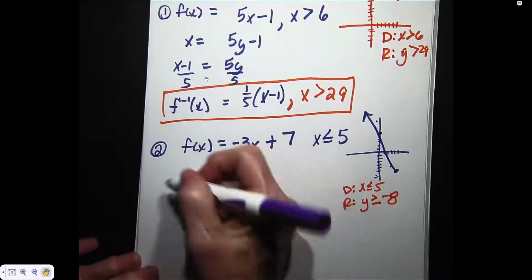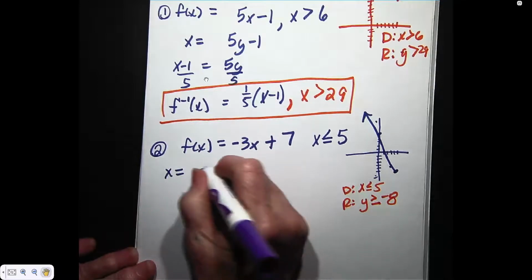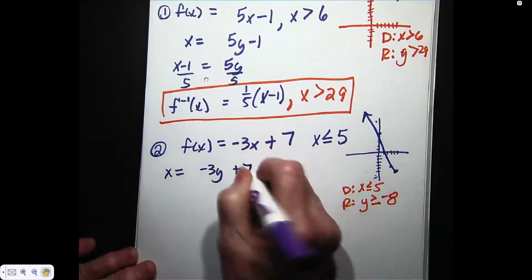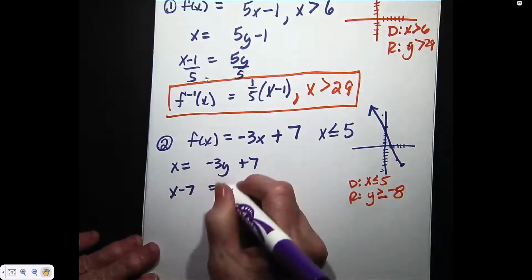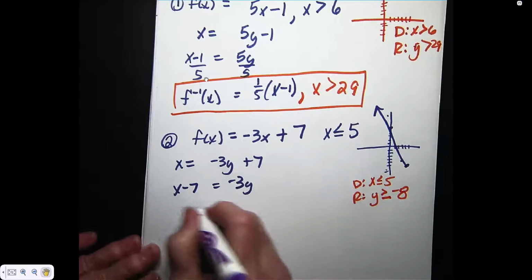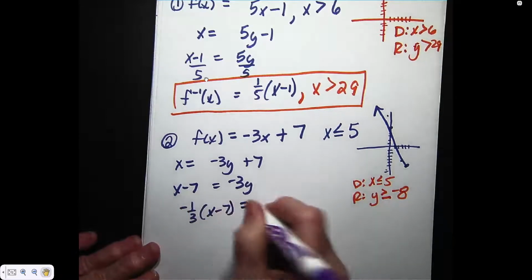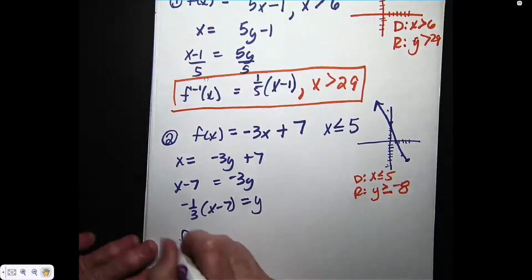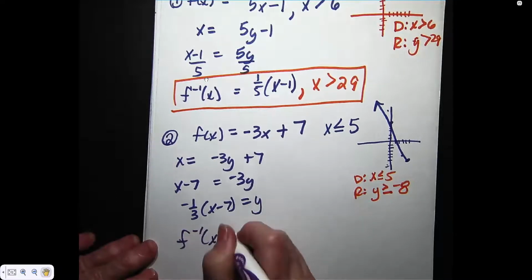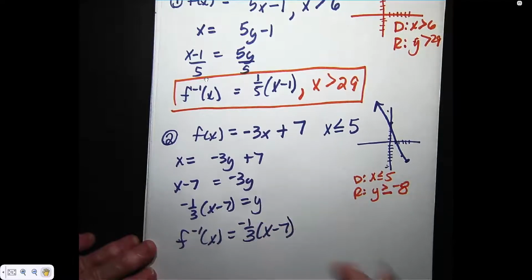So I put in my problem, and I would say x is equal to negative 3y plus 7, subtract 7, and divide by negative 3. So f inverse of x is equal to negative 1/3 x plus 7/3.